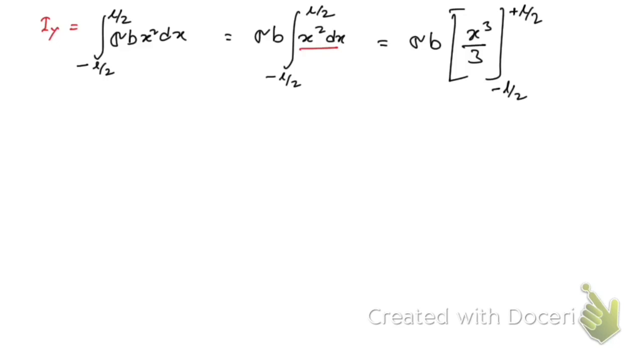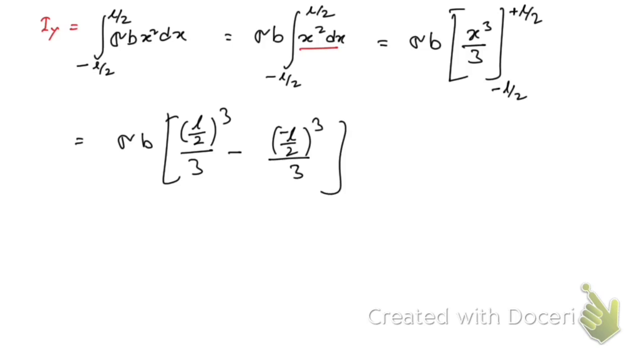So now you see, sigma into b, let's put the upper limit first, L by 2 whole cube by 3 minus minus L by 2 whole cube by 3.